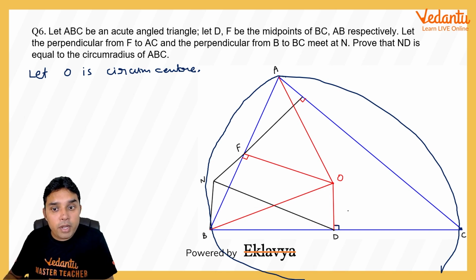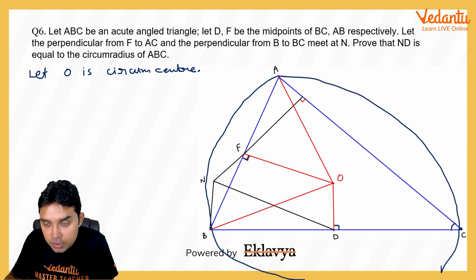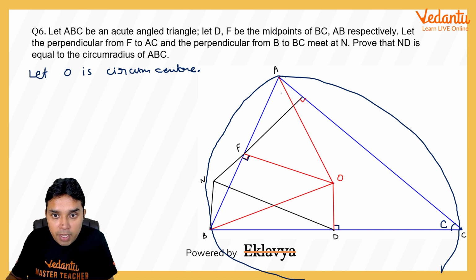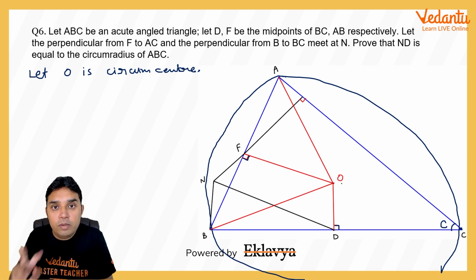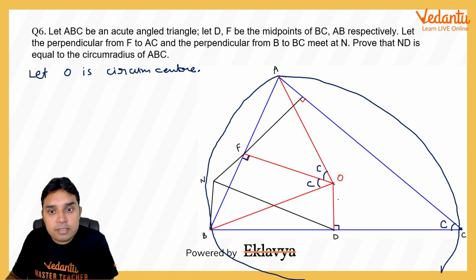Because D is the midpoint of this chord, if you join O to D, it will be 90 degrees, and similarly if you join O to F, it will also be 90 degrees. Now I have joined B with O and A with O. Because this angle is C, the angle subtended by AB at O will be equal to 2C. And because the center is joined to the midpoint, these two angles should both be C and C only. This can be clearly seen here.